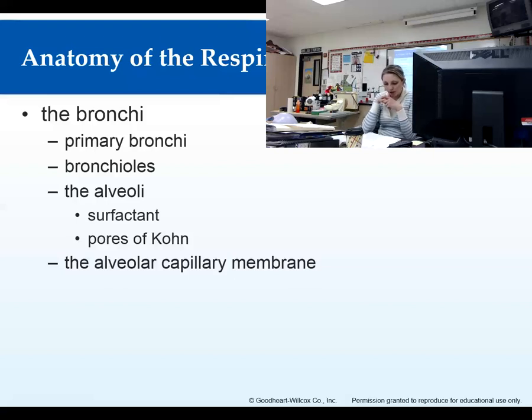Now, a couple other things about alveoli. They have inside of them what's called surfactant. And surfactant actually is like a little coating, kind of a watery coating inside of the alveoli. And one of the things that surfactant does is it helps keep the alveoli from collapsing. Okay, it helps to keep it open.